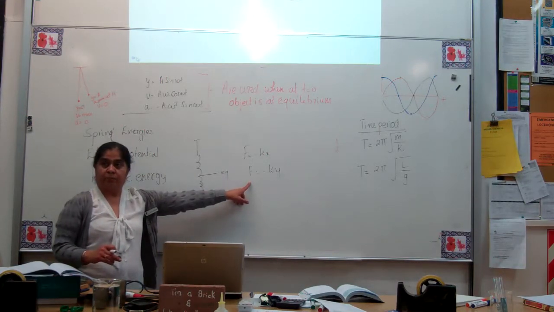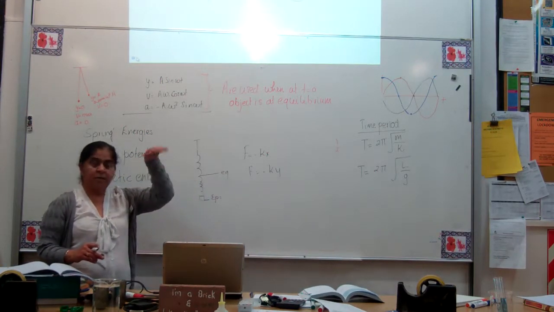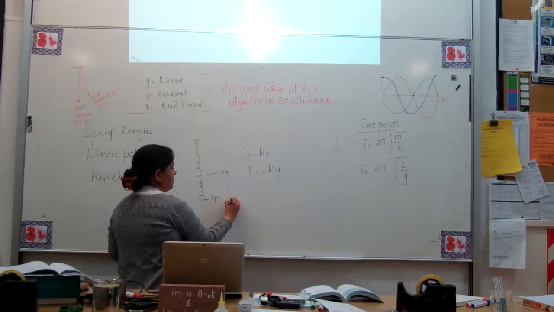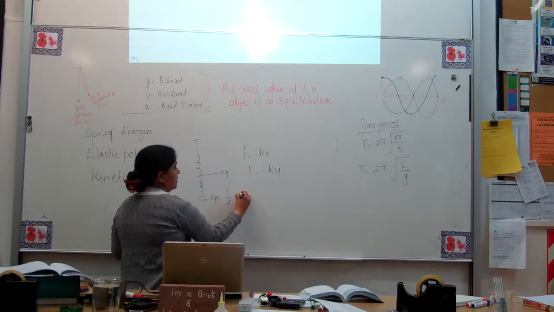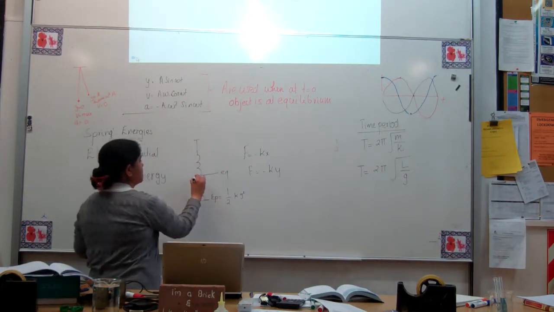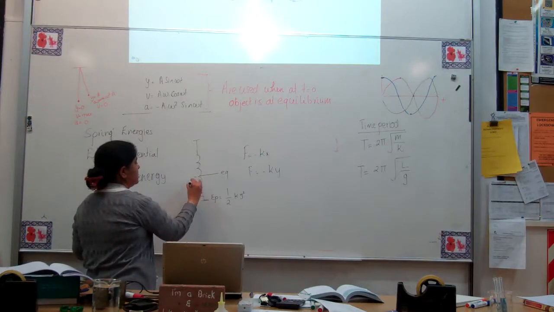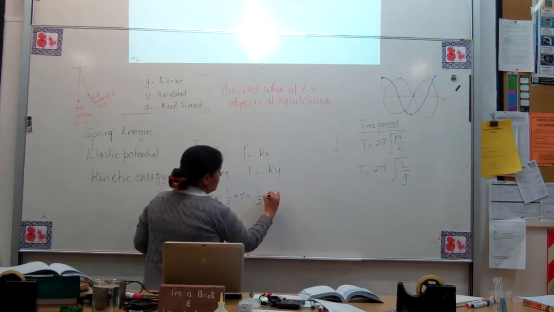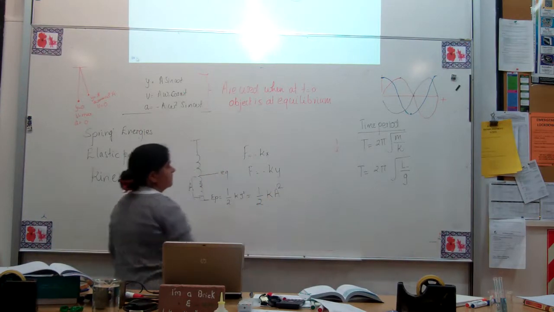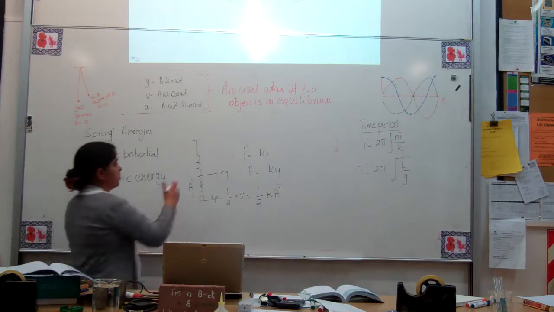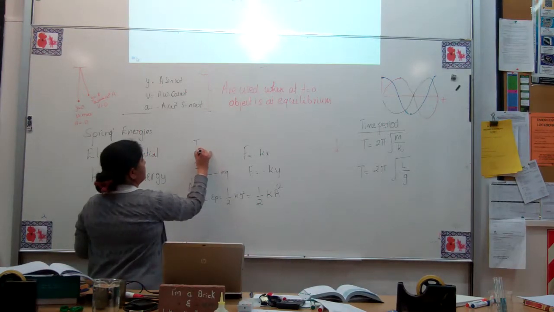By Hooke's law, the area under the graph is the energy, and the equation was half ky squared. But now y is the maximum displacement, which is the amplitude, so we will call it half ka squared. That's the elastic potential energy at this extreme and maybe at this extreme.